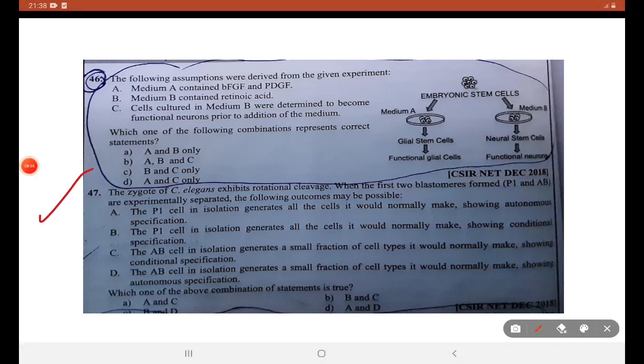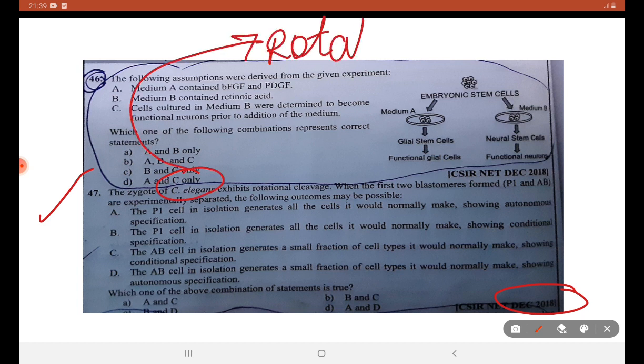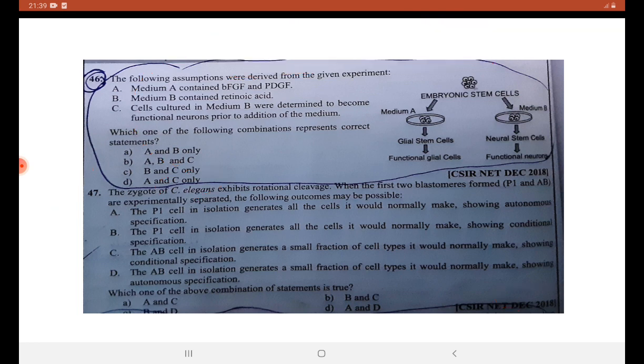Next question from December 2018. Zygote of C. elegans exhibits rotational cleavage. Rotational cleavage we have seen in previous video. Mammals have rotational cleavage. When the two blastomeres formed, that is P1 and AB, are experimentally separated, which of the following outcomes may be possible?